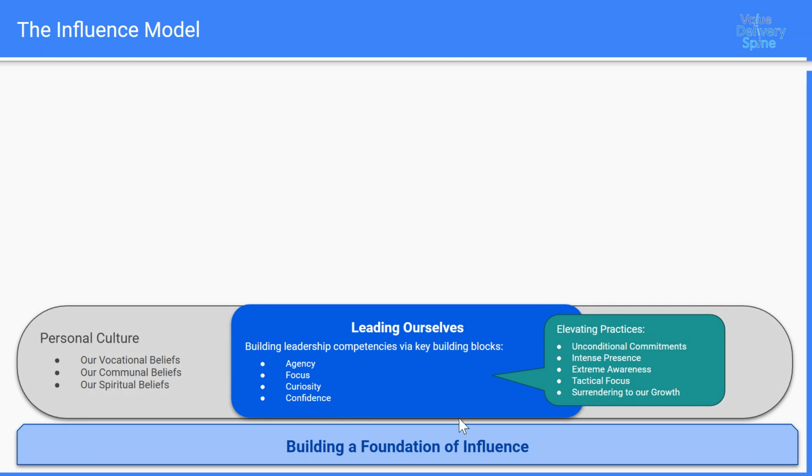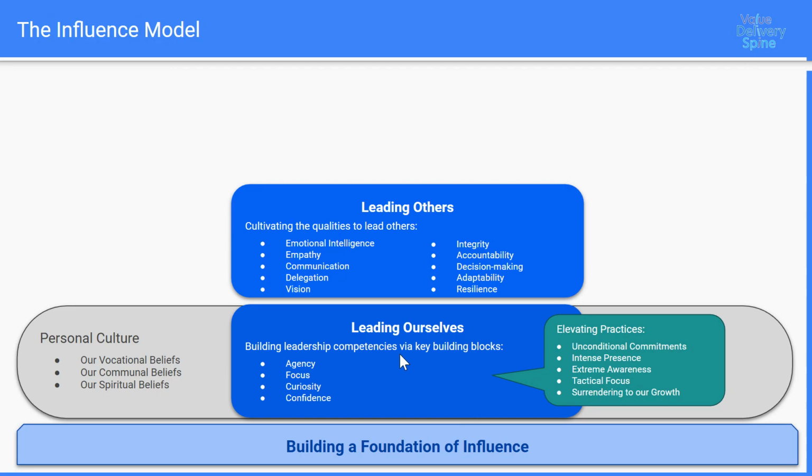We've looked at our personal culture, our vocation, our community, our spiritual beliefs. We've looked at leading others through developing our qualities and capabilities in emotional intelligence, empathy, communications, delegation, and vision to bring people in, and integrity, accountability, decision-making, adaptability, and resilience to keep things moving to achieve success.